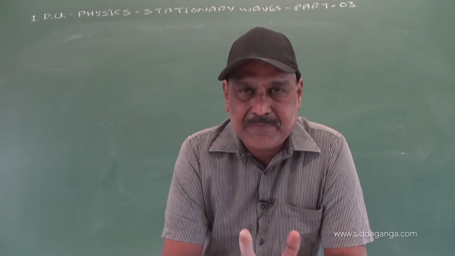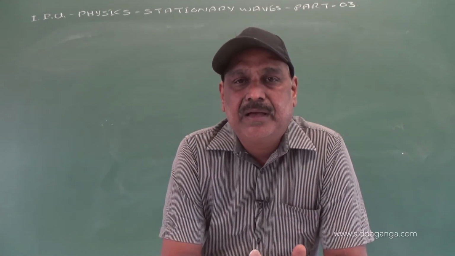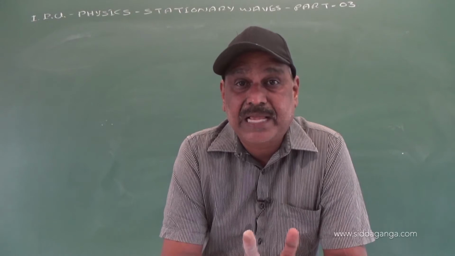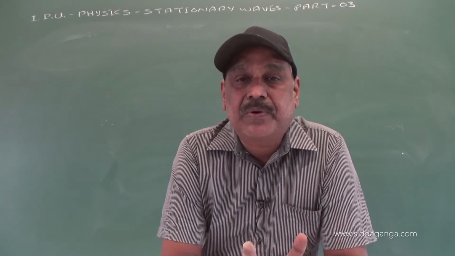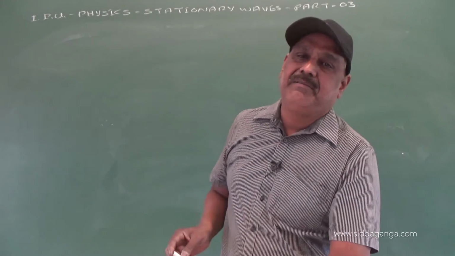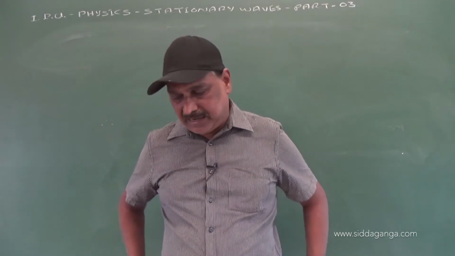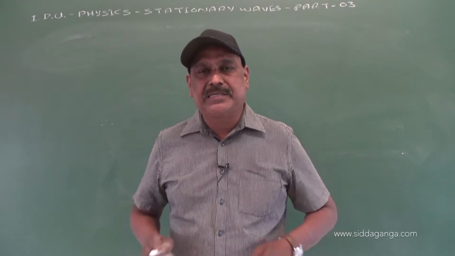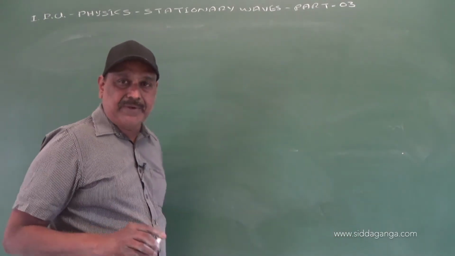So the vibration in the string of stringed instruments is a transverse mechanical wave, whereas the sound produced by these strings is a longitudinal mechanical wave. Clearly, in strings, the wave is a transverse stationary wave, but the sound produced by the string is a longitudinal mechanical wave.